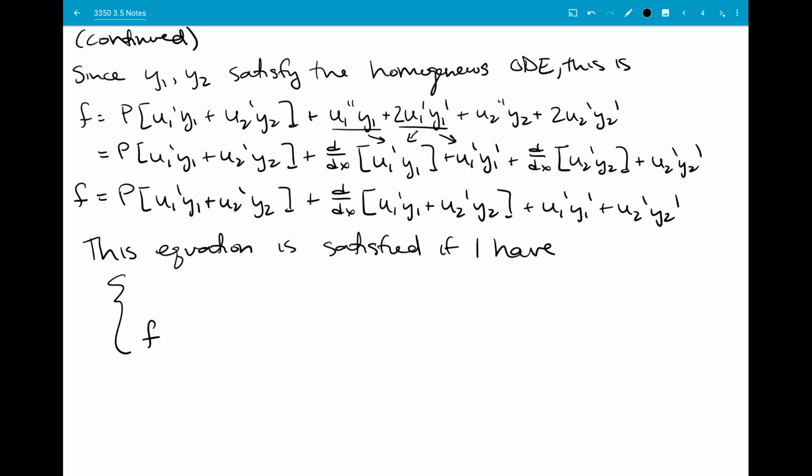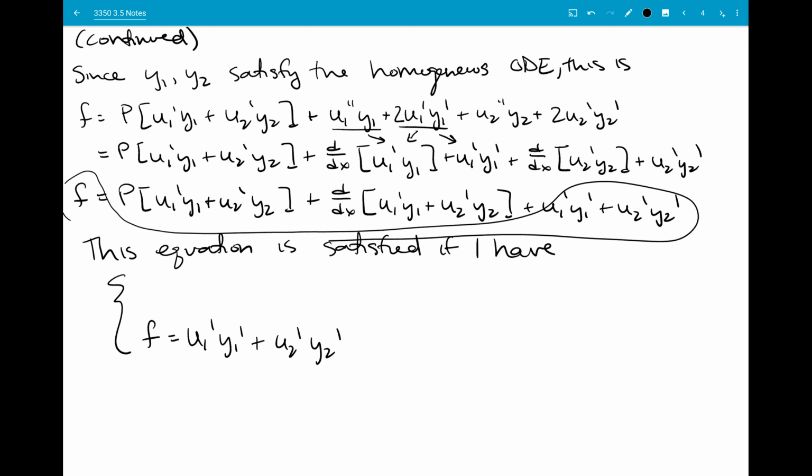If I go ahead and say that f should be equal to u1 prime y1 prime plus u2 prime y2 prime, so I've gone ahead and represented that thing right there, then what I would have to have is that these leftover terms right here should be equal to 0. So let's call the assumption that f is that thing star, and we'll say the assumption that this thing right there is equal to 0 is like a little leaf, I guess.